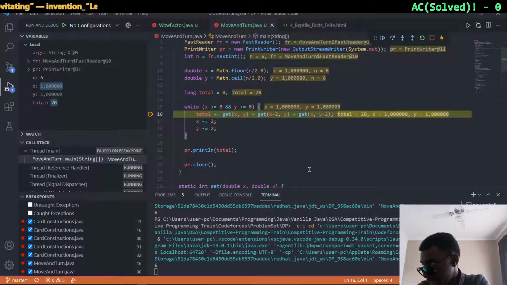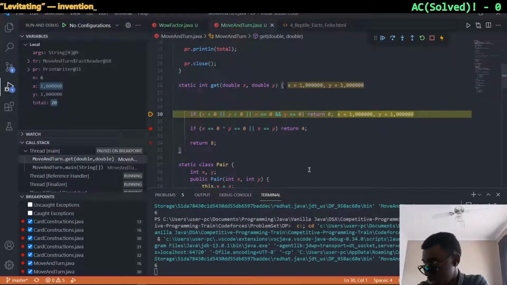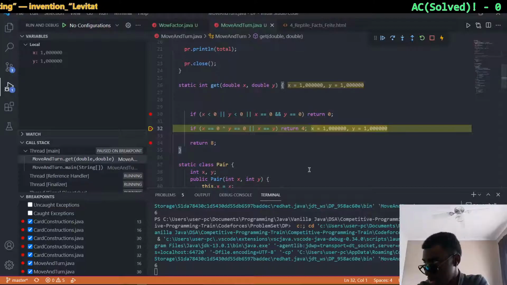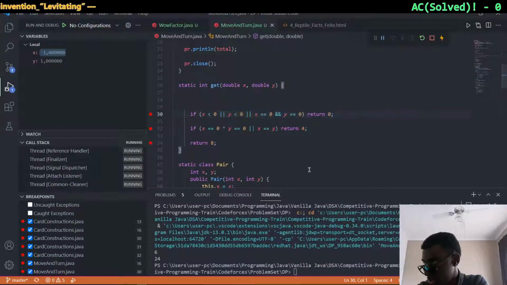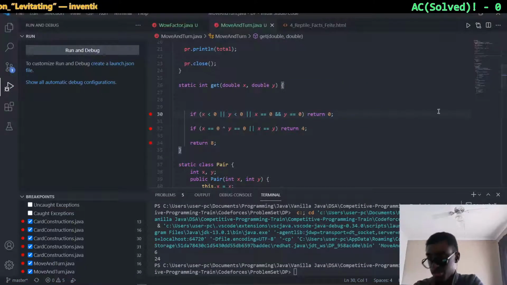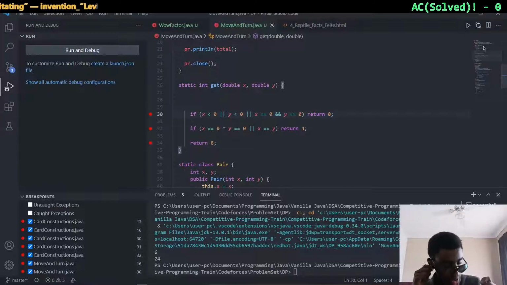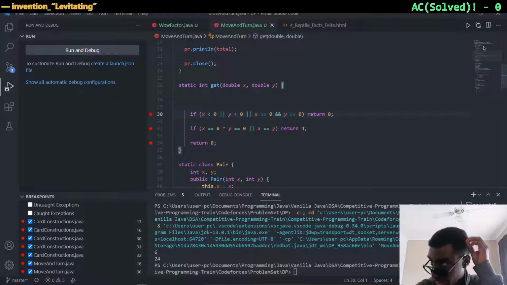So I double down on the 8s. That should not be true at all. And then that should return a 4, and then that will return a 0, and then that will stop, and then that will give me 24. Okay, so I'm doubling down on the 8s. The 8s don't work like that. So when they're equal, we return 4.